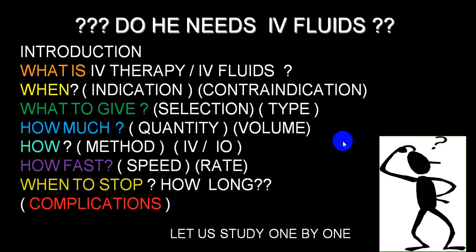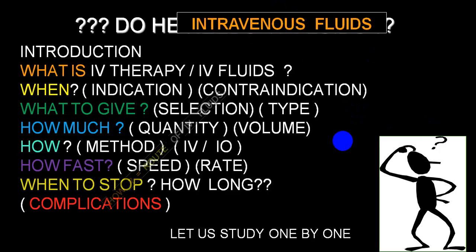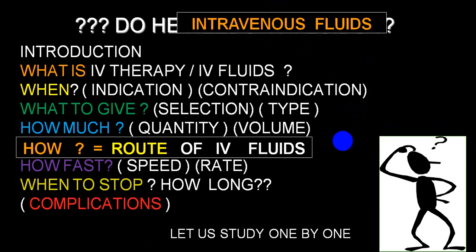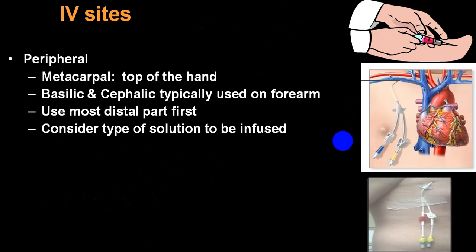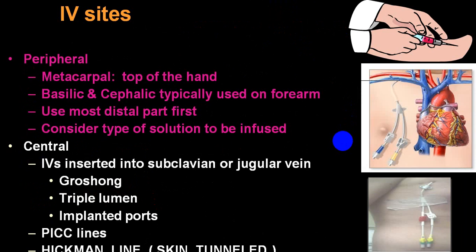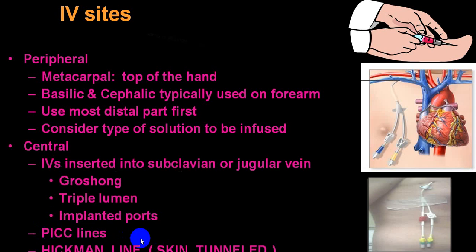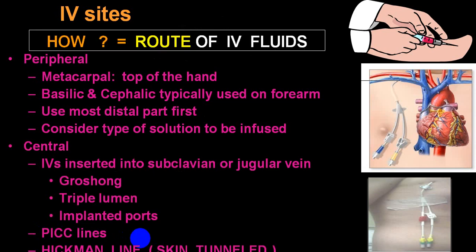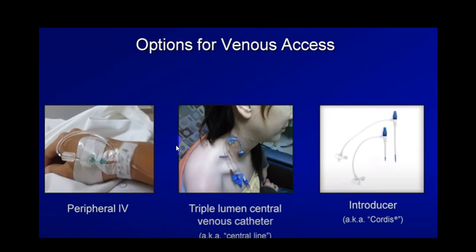Now we are going to another part, that is route. Normally we know that it can be by peripheral route or it can be by central route, that is by central lines or PICC or skin tunnel, that is Hickman line. These are the different routes. Once in a while in children you can go for intraosseous. This is a peripheral line, this is a central line, and these are the different materials which you can utilize.